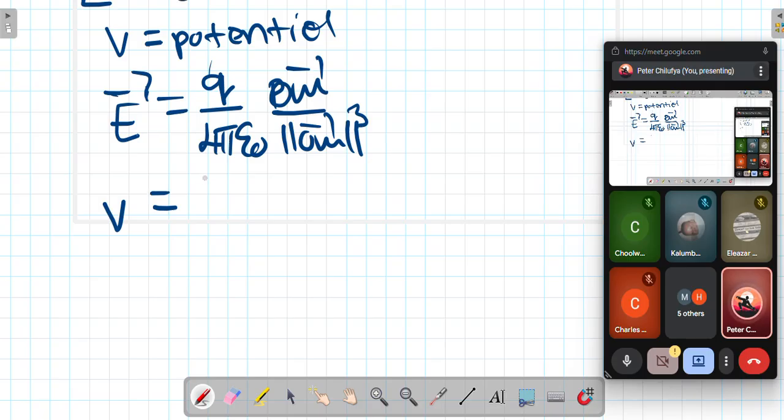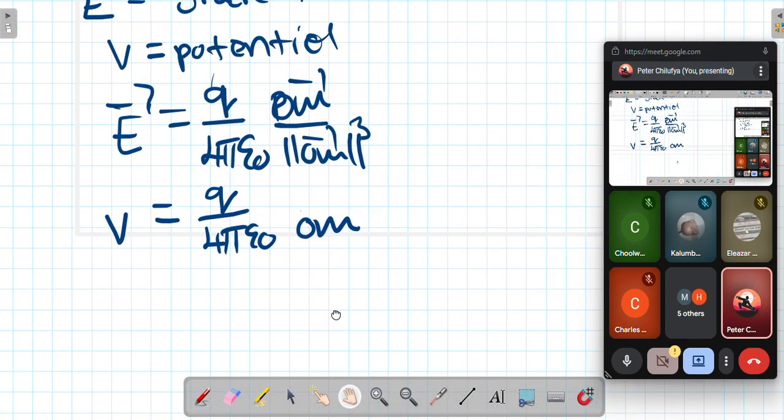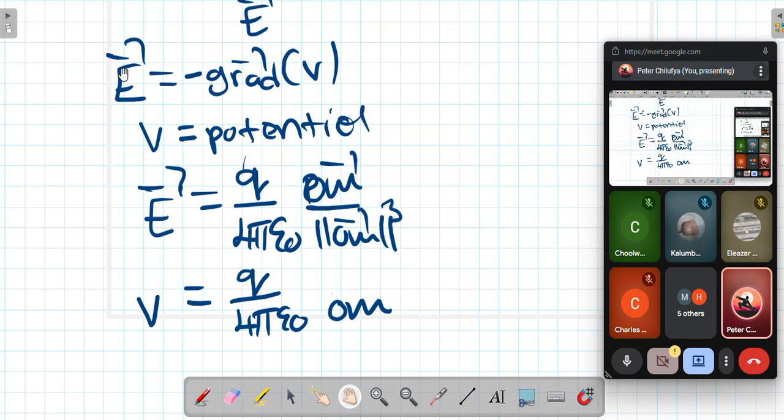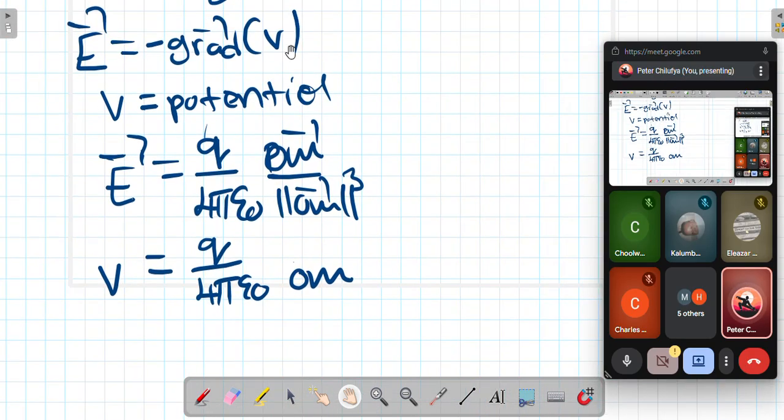These formulas are very similar. When you're studying them, you find that they're very closely related. So for V, it's just Q over 4 pi epsilon 0 with OM, because it's not a vector, which means OM is the magnitude. When you're asked to find the electrostatic field, sometimes it's easier to find V, the electrostatic potential.